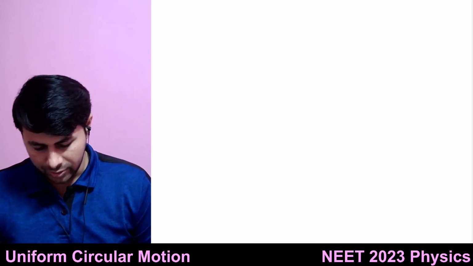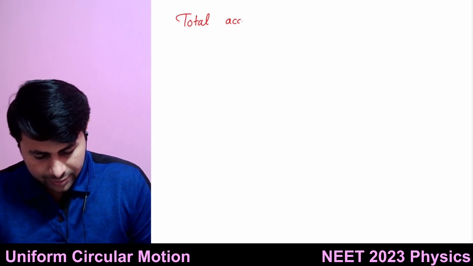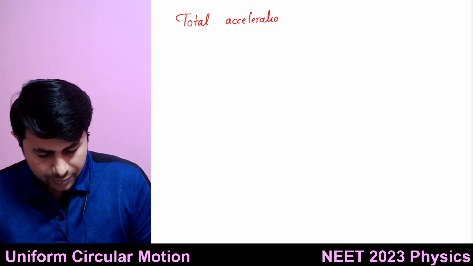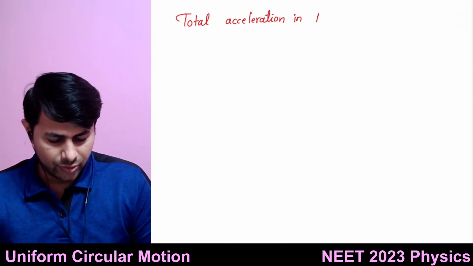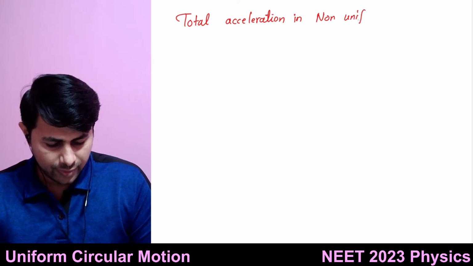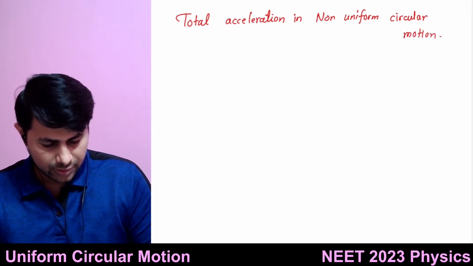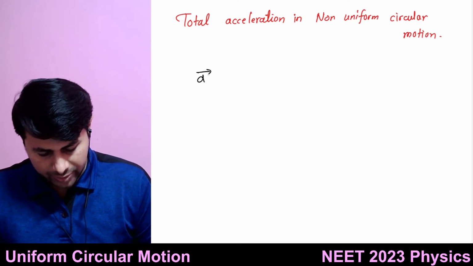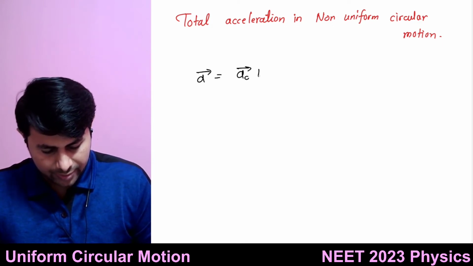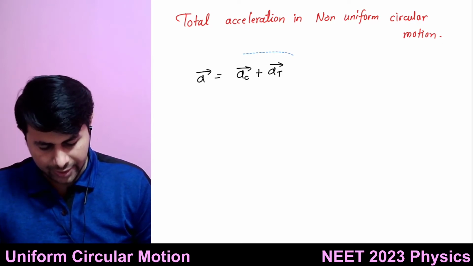So the total acceleration in non-uniform circular motion, a bar, is equal to AC bar plus AT bar, right?